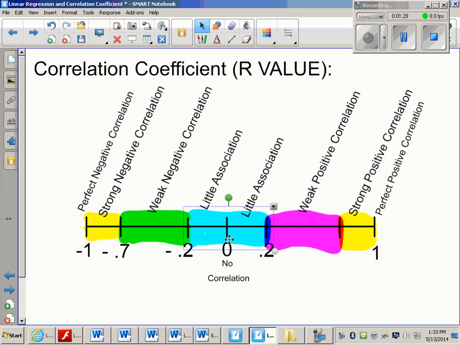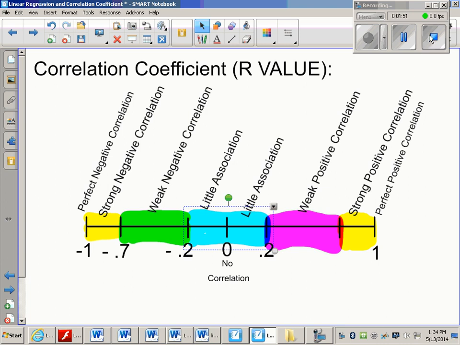If you're between -0.2 and 0.2, we say there's really very little association. There's not much of a correlation to say that something is happening statistically. So the closer you are to -1 or 1, the stronger correlation you have.